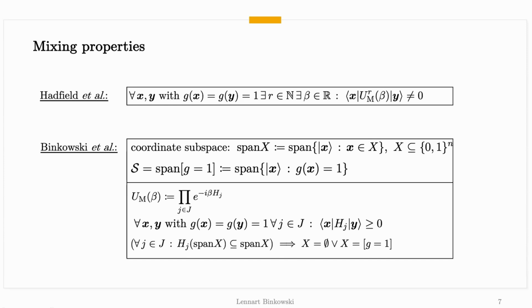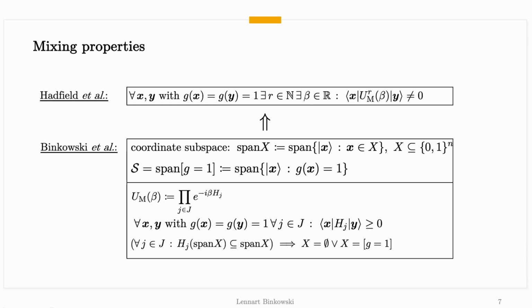Furthermore, if for all Hj from our set of Hamiltonians it holds that they map some coordinate subspace span X to itself, then it should already follow that X is either the empty set, which means the span would be the zero space, or X is the whole feasible set, which means X is the set where G equals 1. And indeed, this is a stronger requirement.